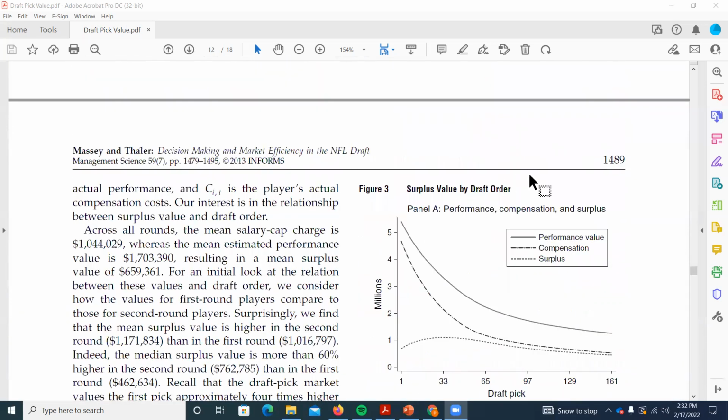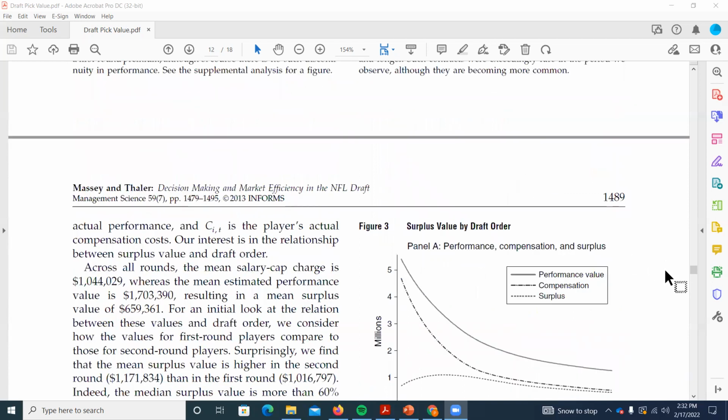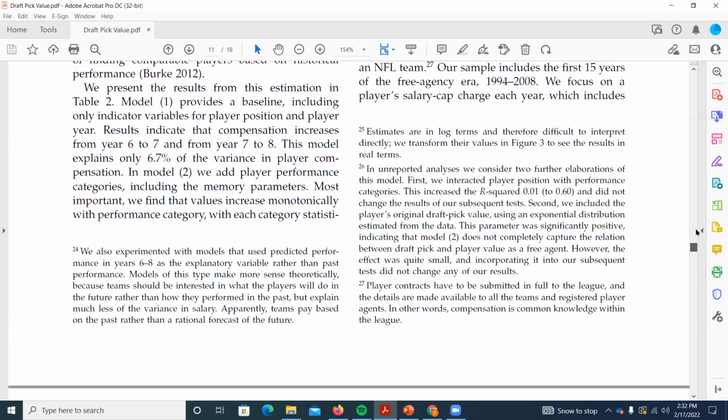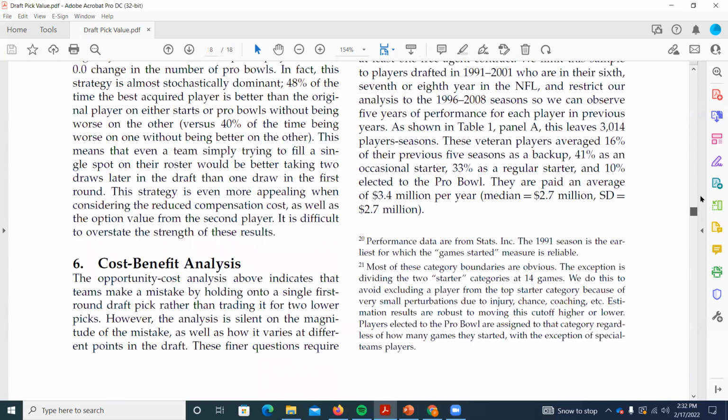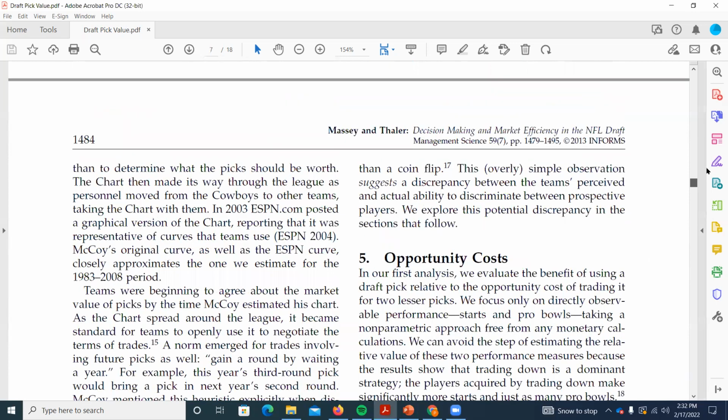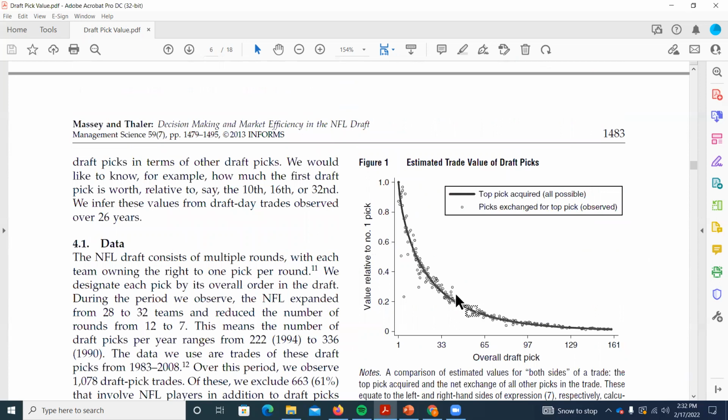So if we then look at, well, I can plot, and that's what they were using when they were coming up with these predicted compensations. Every one of these dots was a different player, right? You can think about there being multiple first picks across however many years of data they had. And so they were just plotting every single player's predicted compensation here.